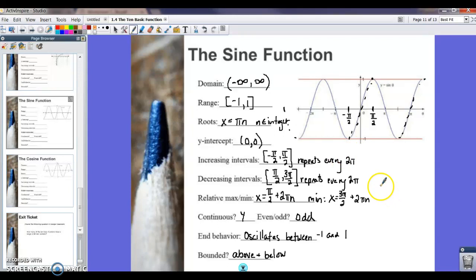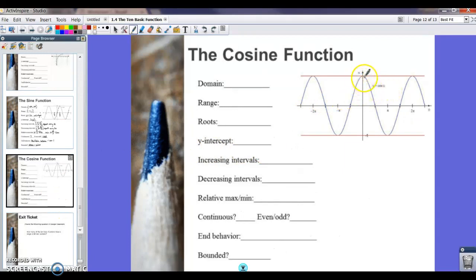Okay, cosine is basically the same. The graph just shifts a tiny bit. If you look at the cosine graph, now the max is right across that y-axis. So now this one is actually even because it reflects over the y-axis. So I'm just going to throw this in here now. It's even, it's continuous. The end behavior is it oscillates between -1 and 1.